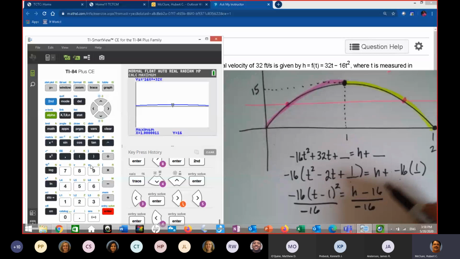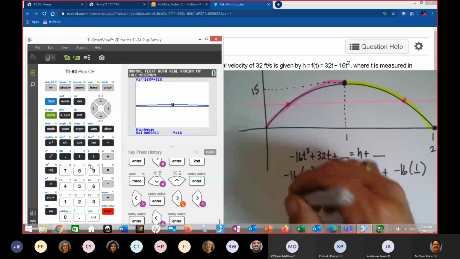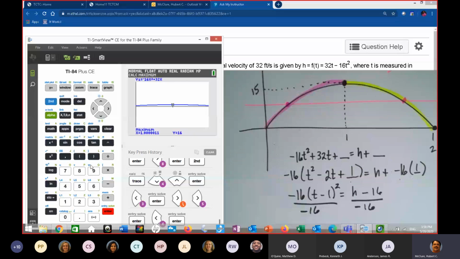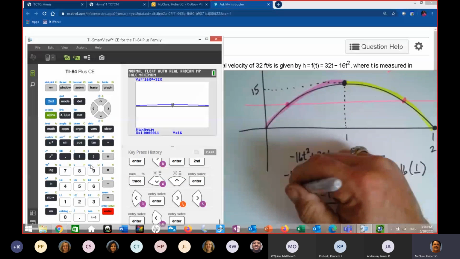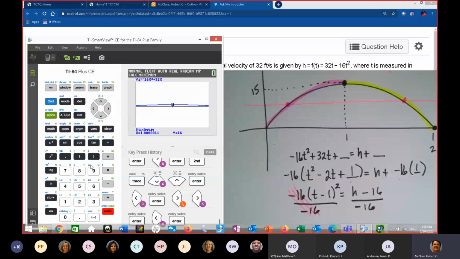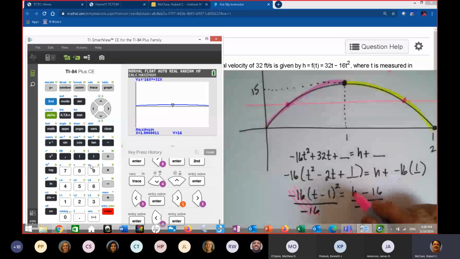I'm going to cancel this out. And I'm going to factor out a negative over here because I want to clean this up a little bit. So I'm going to rewrite this on the next page.